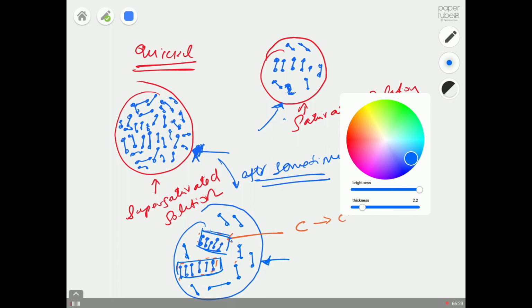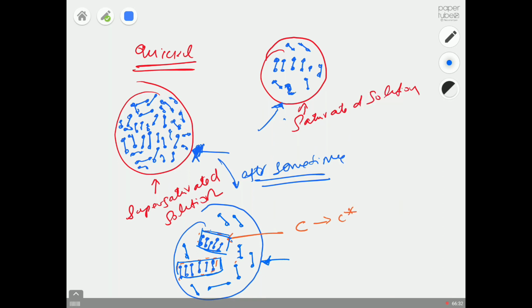If you don't get a picture at that molecular level, it's very difficult to understand how crystals grow out of nowhere from solution. The solution is giving birth to a new solid, and that's because you have a supersaturated solution.